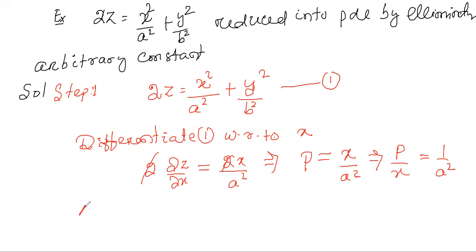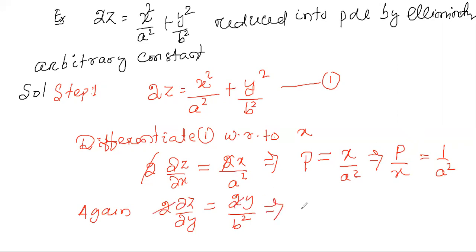Again, we can differentiate equation 1 with respect to y. So what is the value actually? That is also the same thing, 2 del z by del y, differentiate with respect to y. So this value becomes 2y by b square, then 2 is cancelled.